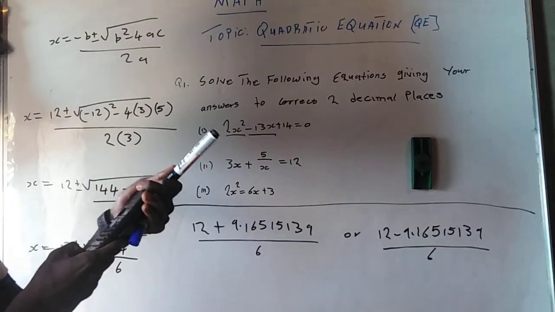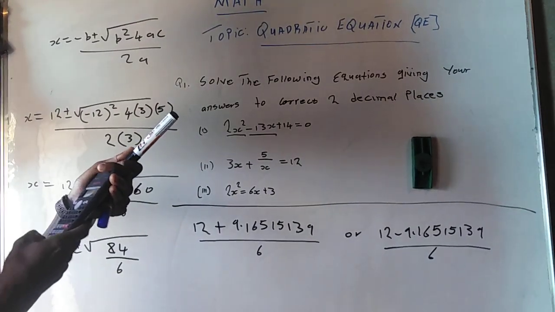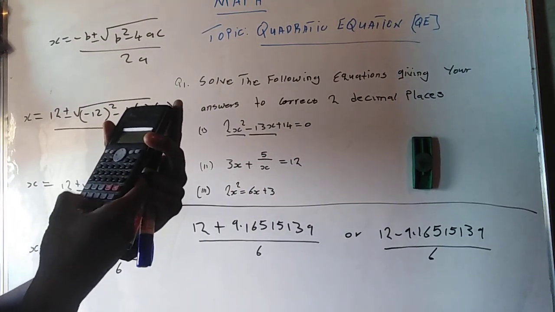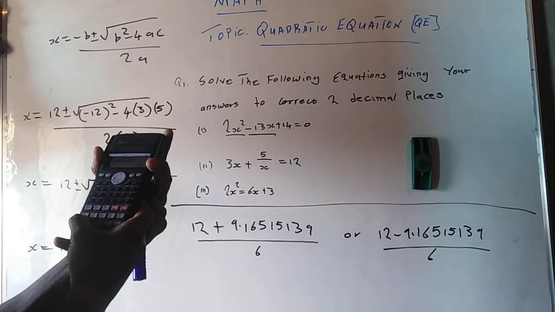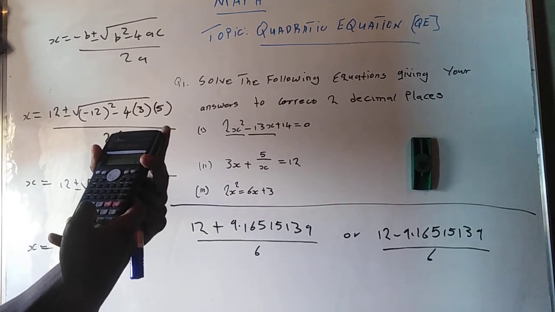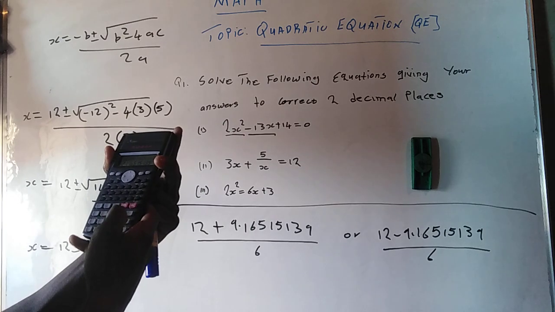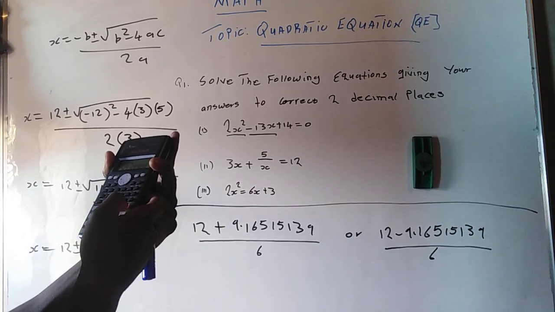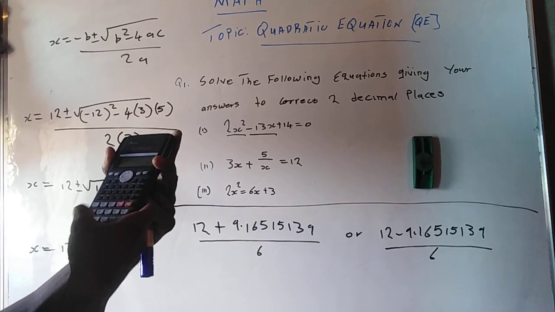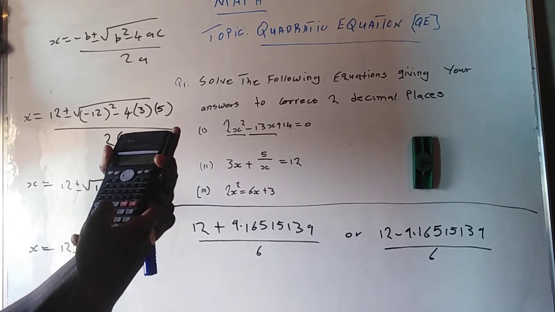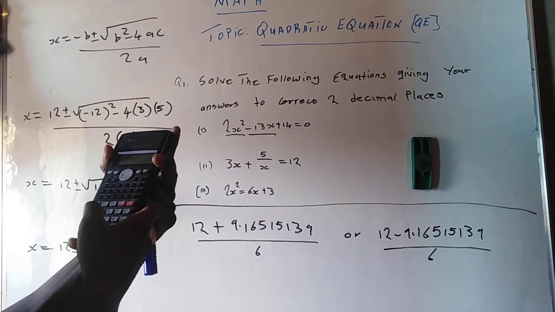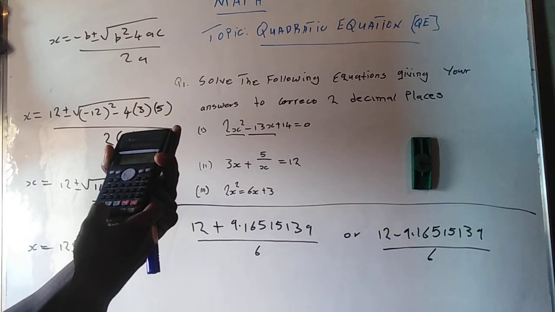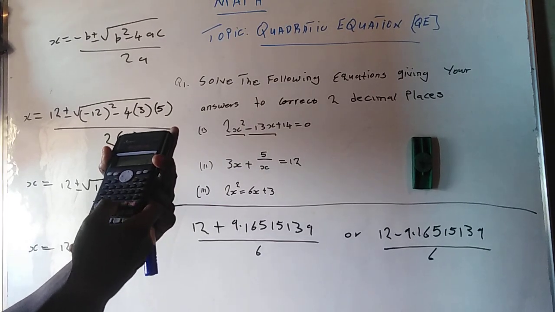Okay, so I will say 12 plus 9.165, 15,139 divided by 6. Oh, sorry, I put the 4 there. So I'll start again. 12 plus 9.165, 15,139.